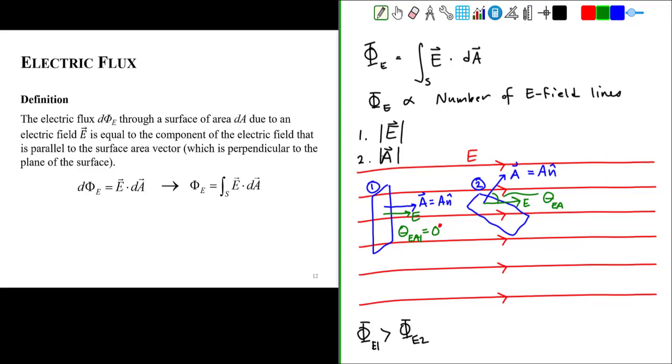The angle between the area and the electric field is 0 degrees. While the angle between the electric field and the area vector in situation 2 is some angle less than 90 degrees, but that angle is not 0.